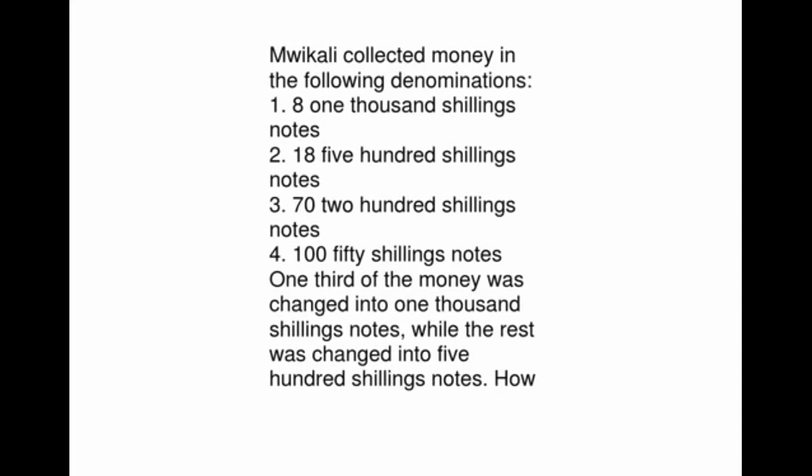Mikali collected money in the following denominations. We have 8 1,000 shilling notes, 18 500 shilling notes, 70 200 shilling notes, 150 shilling notes. 1/3 of the money was changed into 1,000 shilling notes, while the rest was changed into 500 shilling notes.